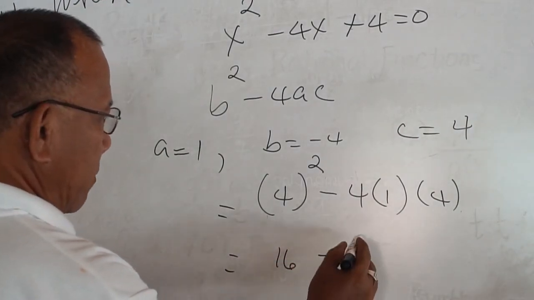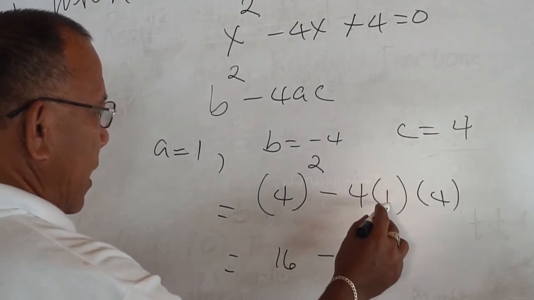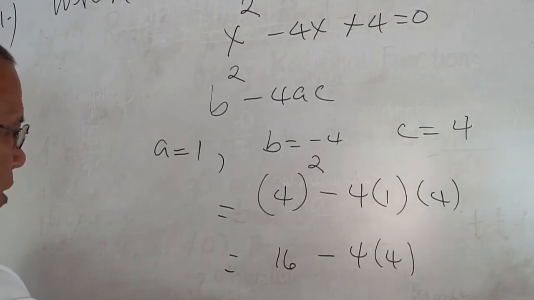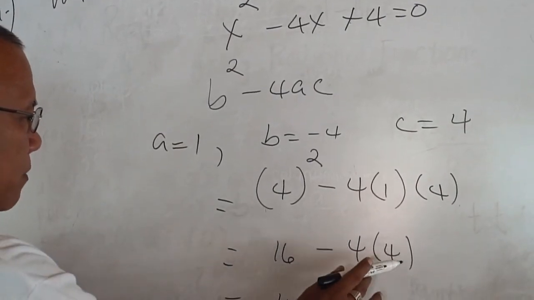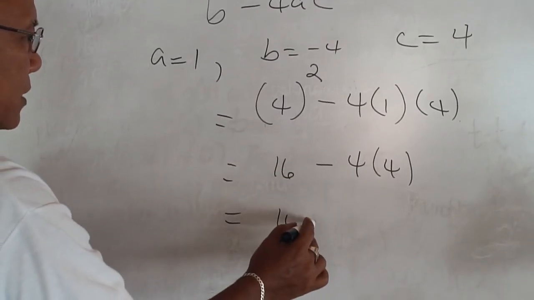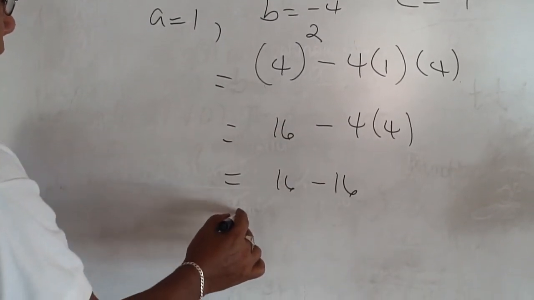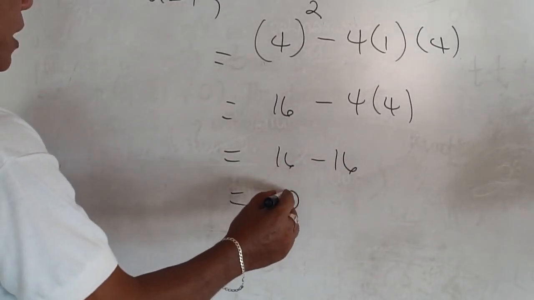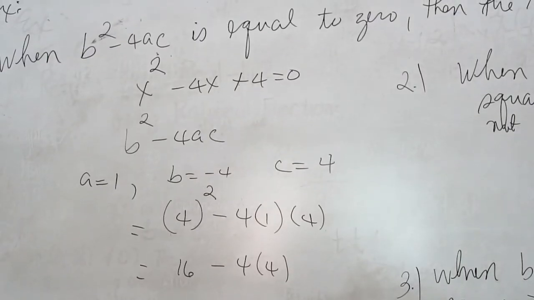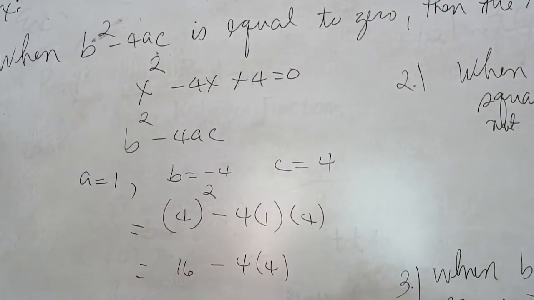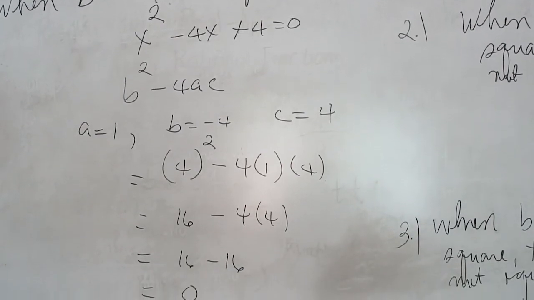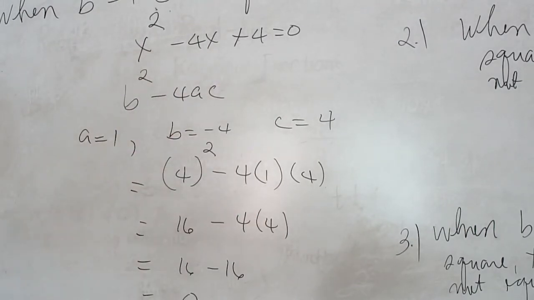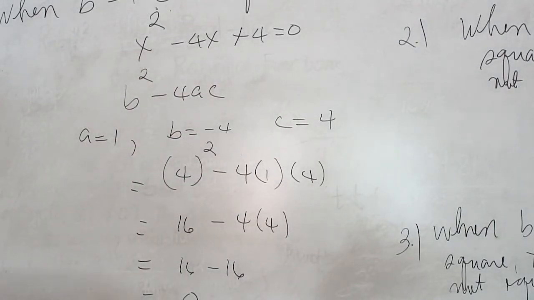Then 4 times 1 times 4 is 16. So 16 minus 16, the result is 0. Since the value of b squared minus 4ac is 0, the quadratic equation x squared minus 4x + 4 = 0 has real roots that are equal.